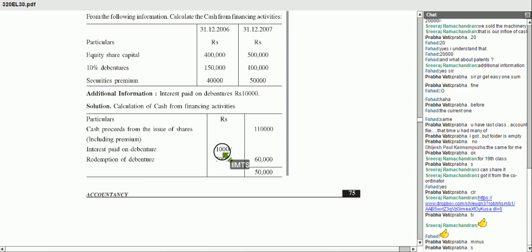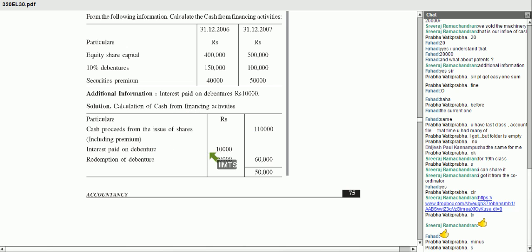Right. So now this value is including the premium, 1,10,000. How? 5 lakh minus 4 lakh is 1 lakh plus this 10,000, so it makes a total of 1,10,000. Sorry, this is not that value.